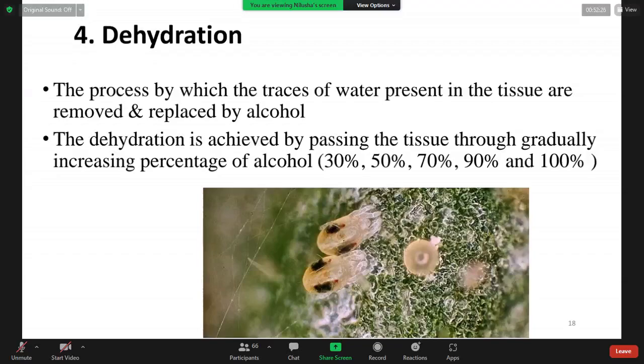Here, the dehydration is achieved by passing the tissue through gradually increasing percentages of alcohol, like 30%, 50%, 70%, and 100%. Dehydration means we have to remove trace amounts of water present in the tissues with alcohol, in different percentage levels.